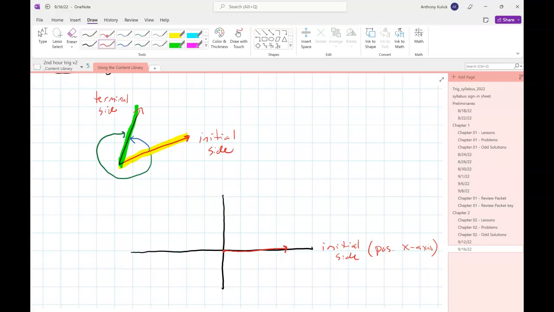And then I can imagine the terminal side starting at the positive x-axis and rotating around the xy axis. Right? So something like that.